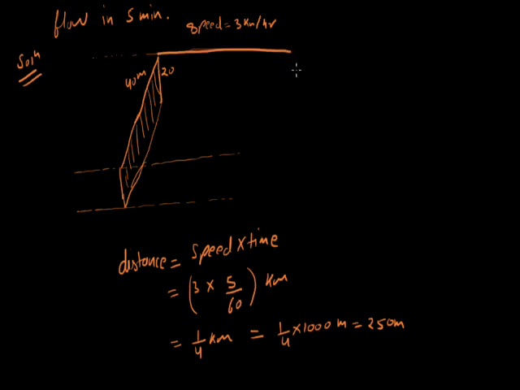After 5 minutes, this cross section will come at this position. Clear? So this distance is nothing but 250 meter. So much water has flowed during the 5 minutes through this river. So this is nothing but again a cuboid having length 250, breadth 40 and height 20.